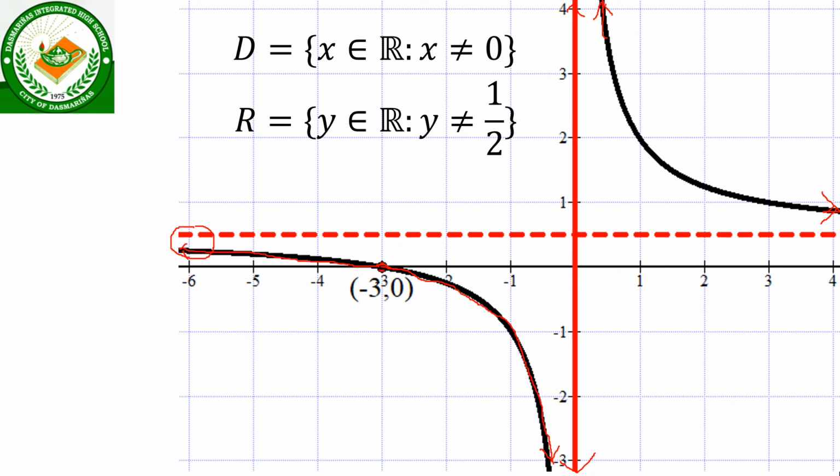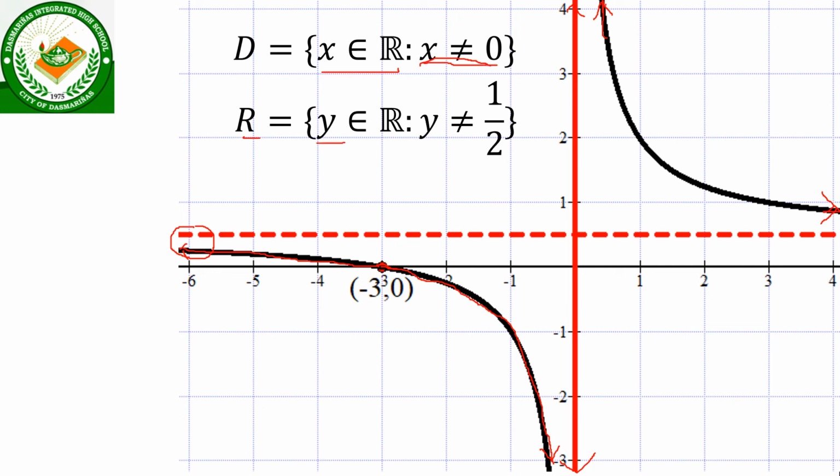Now, the domain excludes the value of the vertical asymptote. The domain is the set of all real numbers such that x is not 0. And for our range, we are not including the horizontal asymptote.